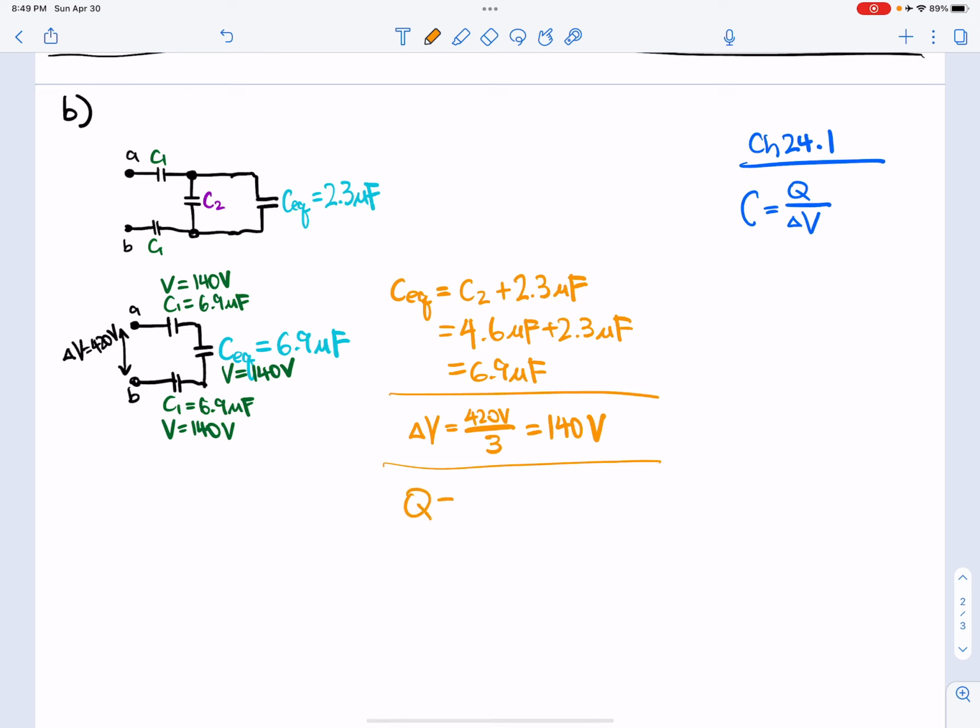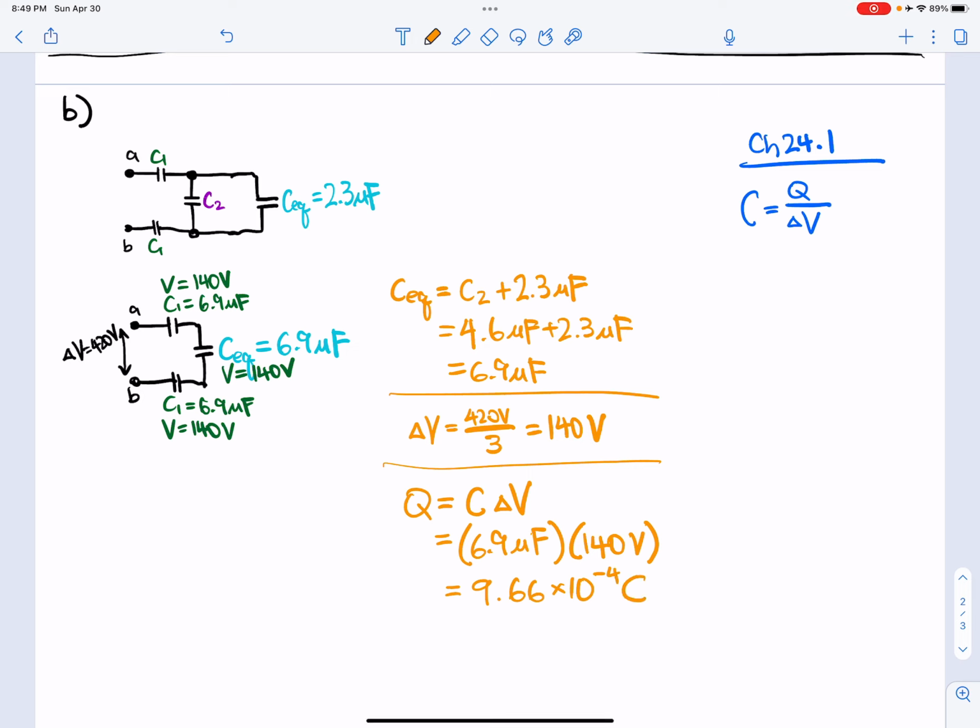So Q is equal to capacitance times delta V, and that is equal to 6.9 microfarads times 140 volts, and that will give you 9.66 times 10 to the negative 4 coulombs.